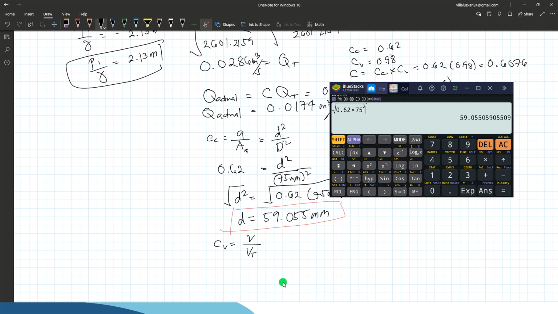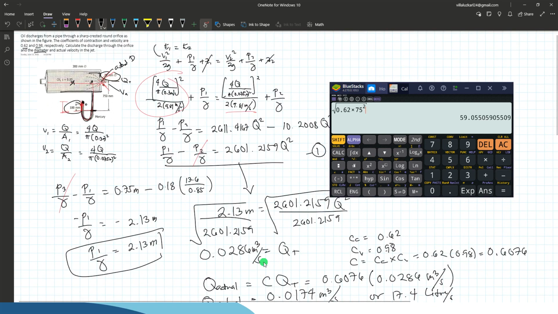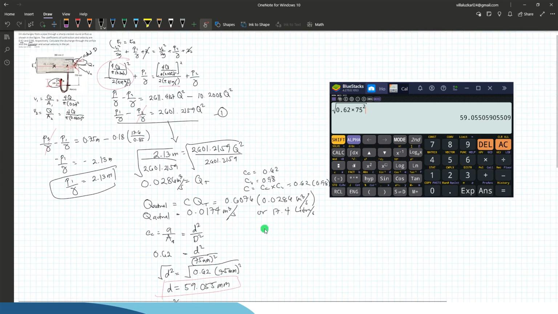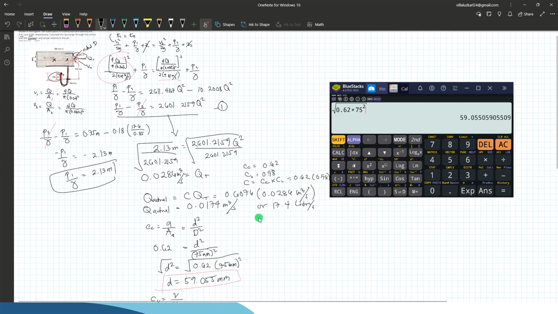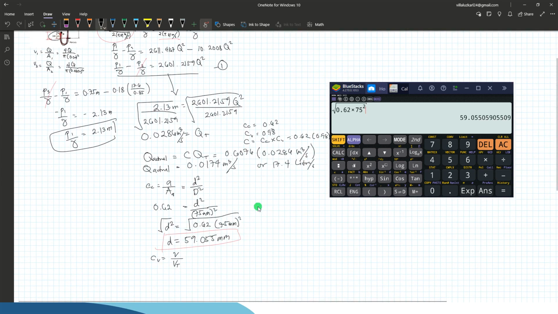Since we already have the actual diameter and the actual discharge, we can also find it by dividing the discharge by the cross-sectional area.